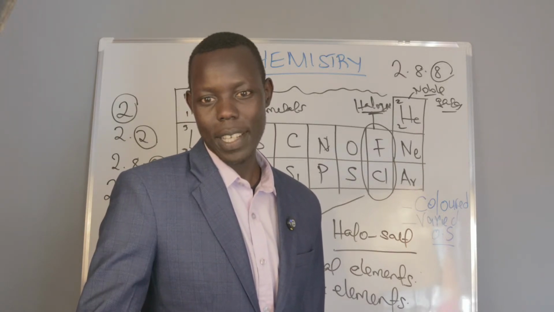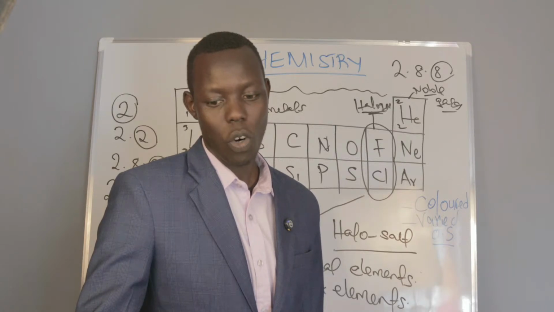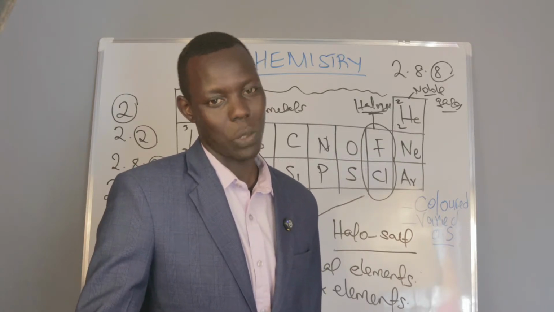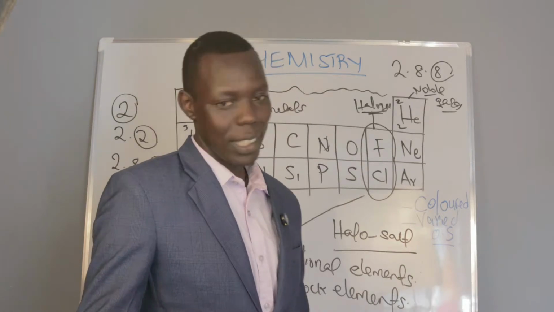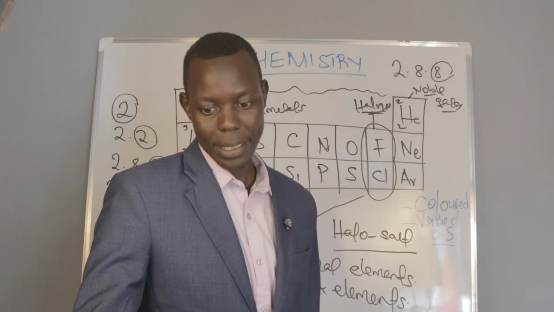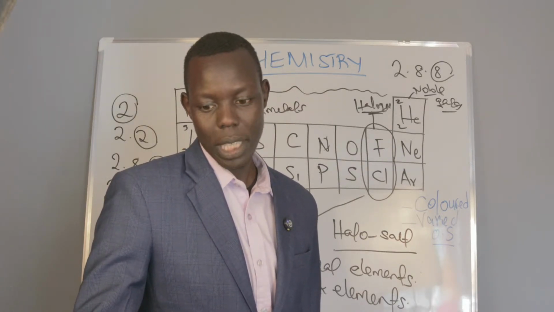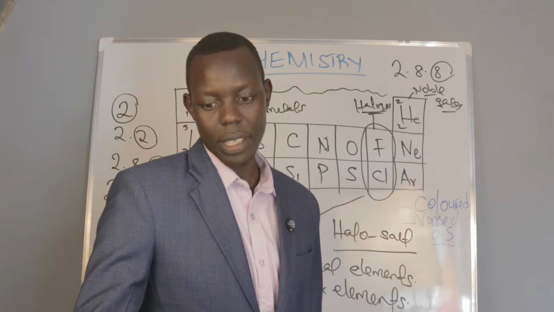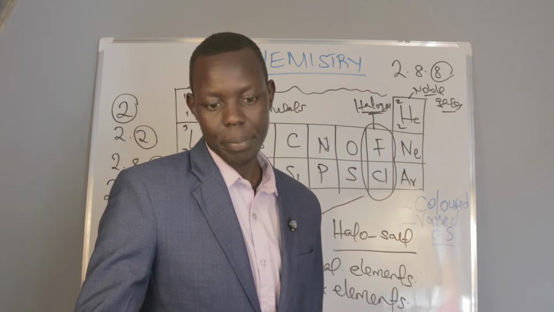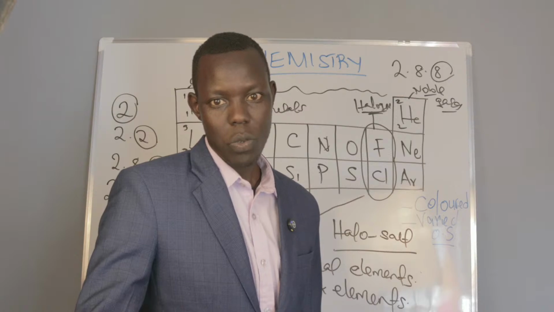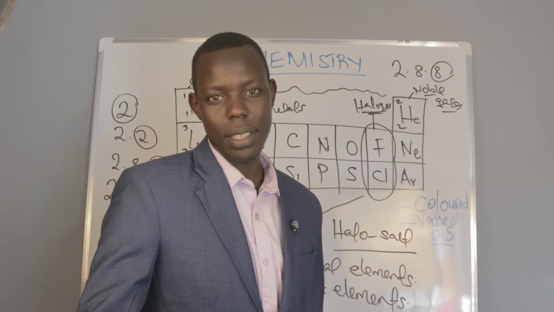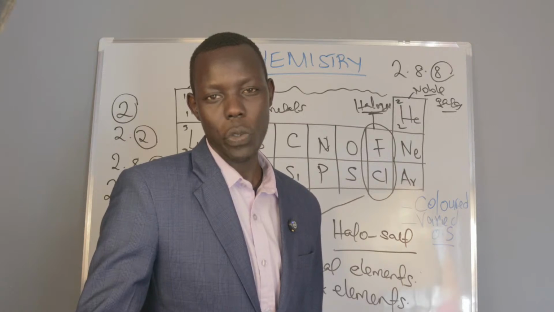And always relative atomic mass has no units. Why? Because it is a ratio. So when you calculate RAM, you cannot finish calculating and then say grams. No, you cannot say it that way.